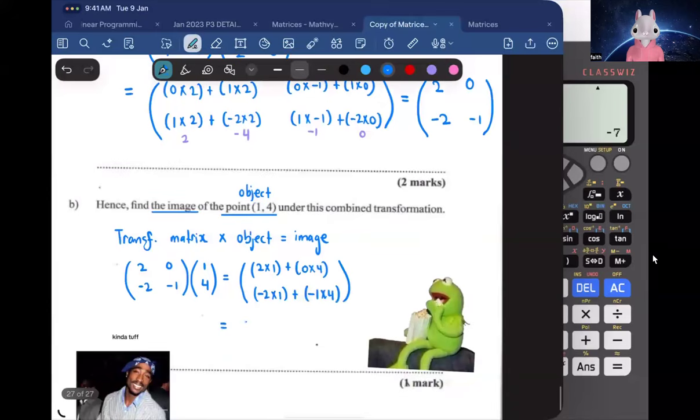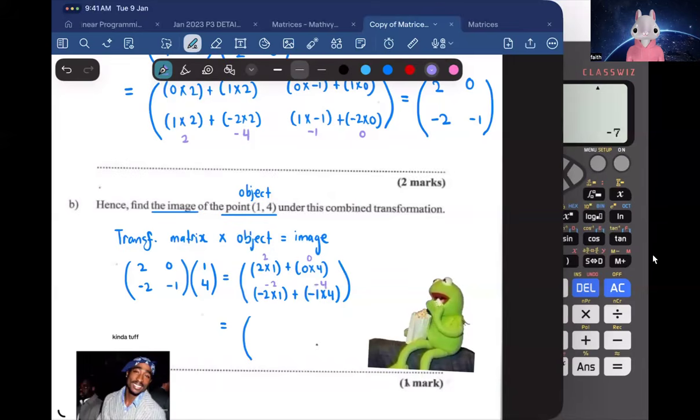2 by 1 is 2, 0 by 4 is 0, minus 2 by 1 is negative 2, minus 1 by 4 is negative 4.